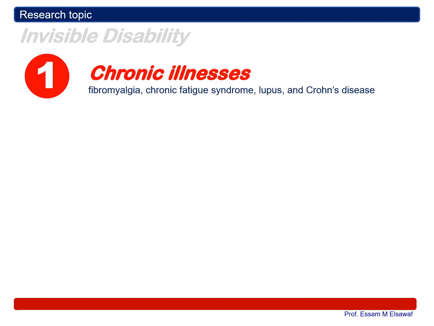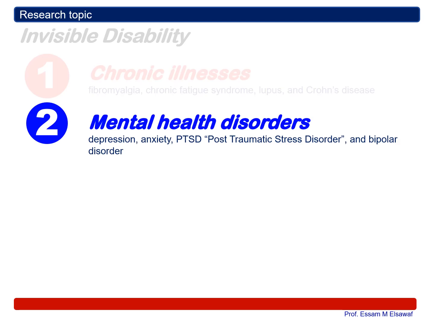For example, chronic illnesses such as fibromyalgia, chronic fatigue syndrome, lupus erythematosus, or Crohn's disease. All such persons are disabled, although they are invisible as disabled. Mental health disorders, such as depression, anxiety, post traumatic stress disorder, and bipolar disorder, all such patients are disabled.